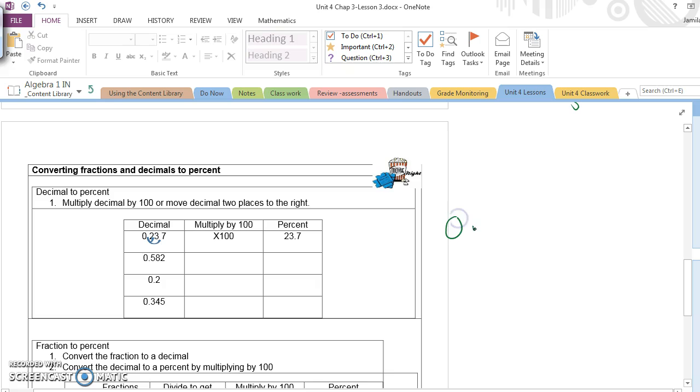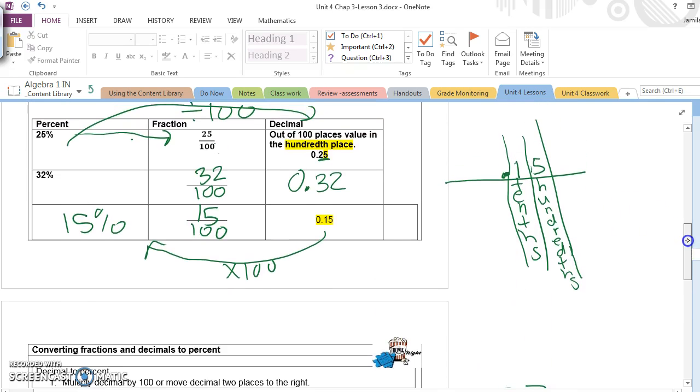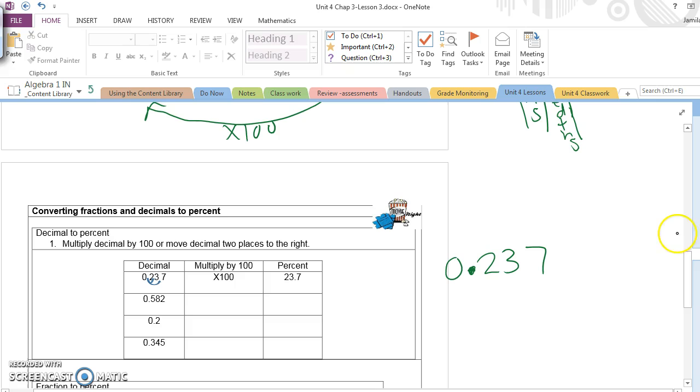I'm going to show it off to the side here just so you can really see. If I multiply by 100, that is the same as taking your decimal and moving it, because I'm changing it into a percent, 2 places to the right. And that's how I'm getting 23.7%.